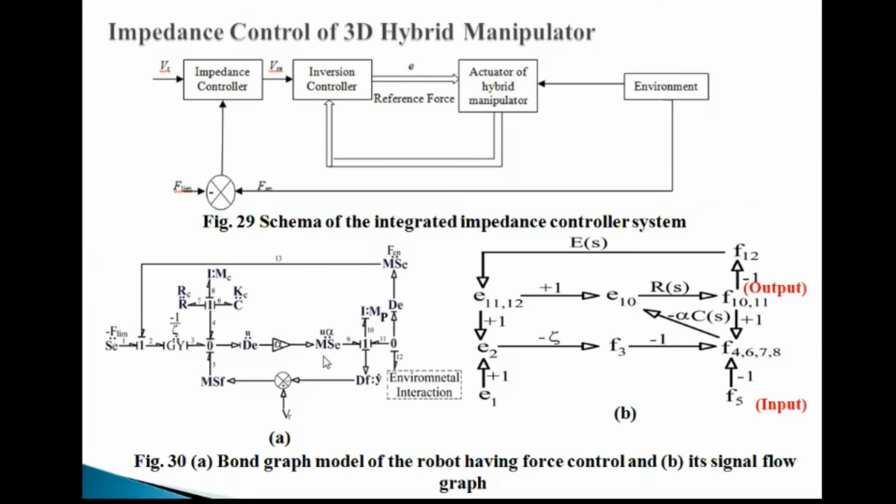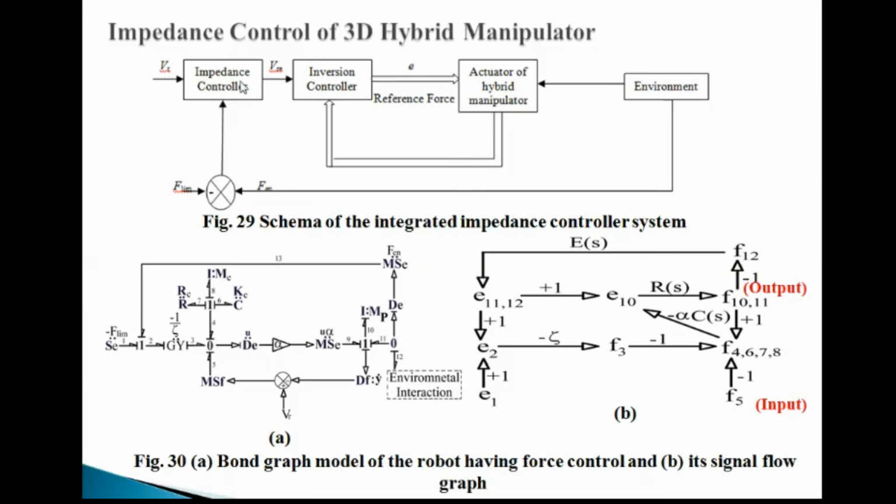So in this impedance control approach, the block diagram is shown here, where the reference velocity given to the impedance controller is denoted by VR, and then Fn is the force of interaction between the manipulator and the environment. So this force of interaction must be less than the restrictive value of force, that is the limiting value of force, to have a safe interaction between the manipulator and the environment.